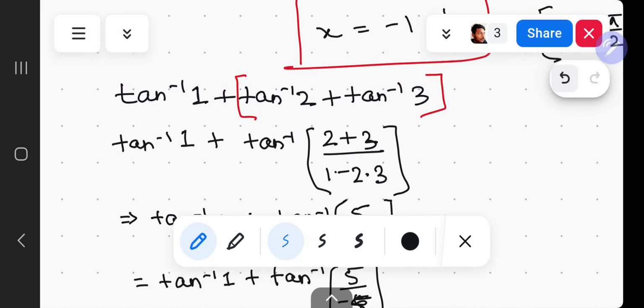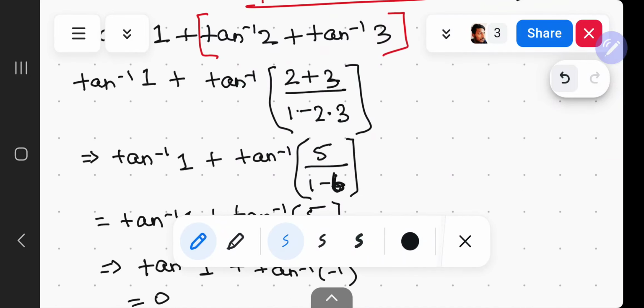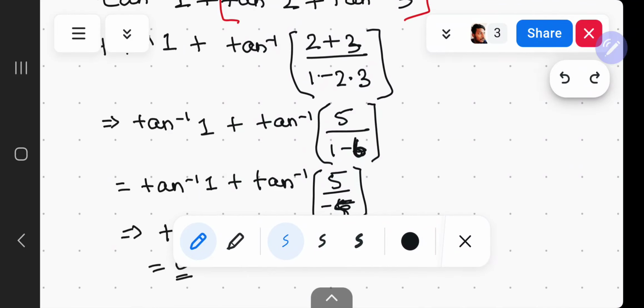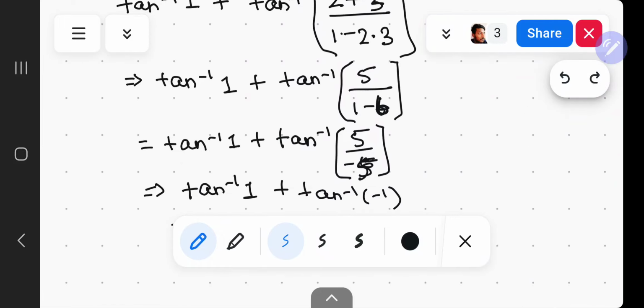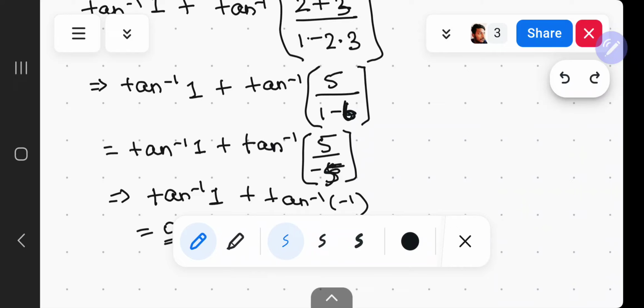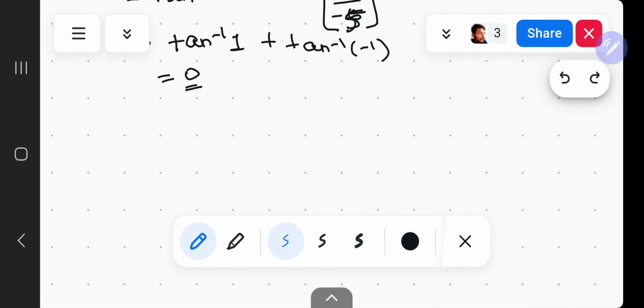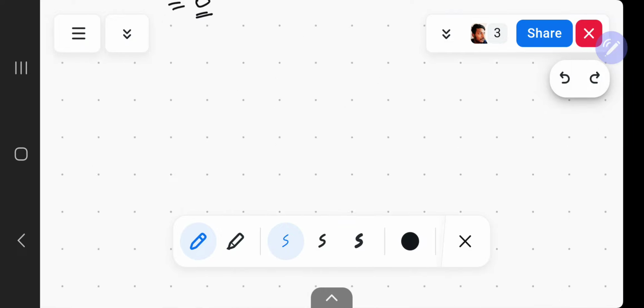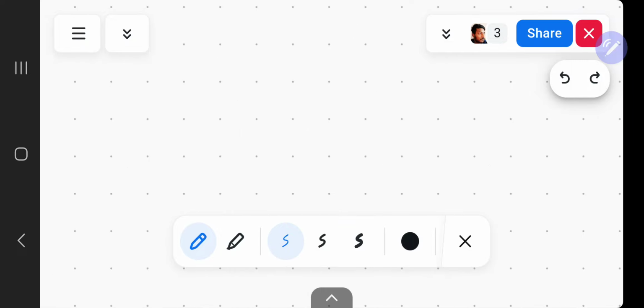Just a minute, I'm looking at the solution. I think there's something wrong here. Okay, for now I'm writing the solution like this. I'll tell you when I figure out if there's something wrong with it.